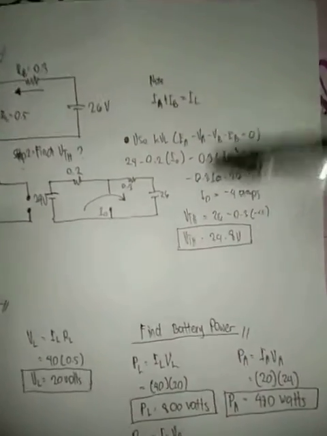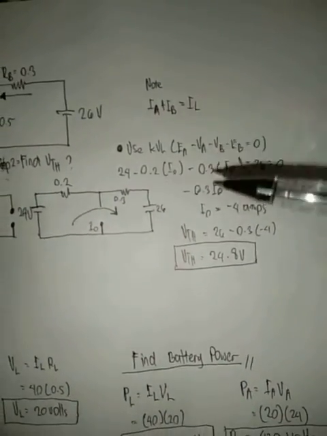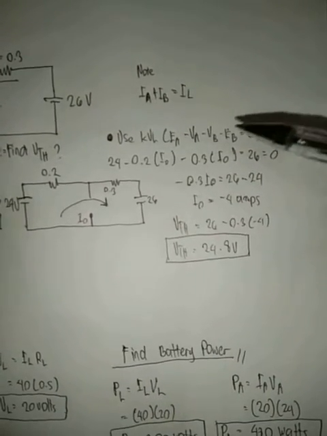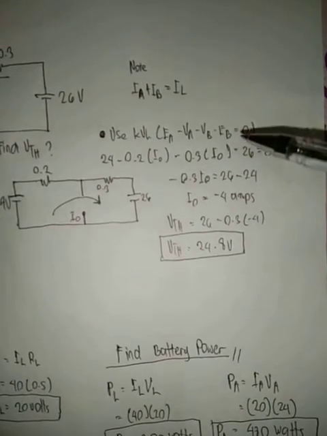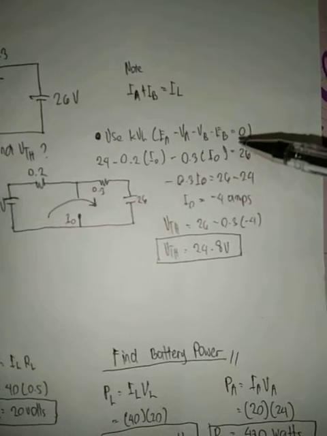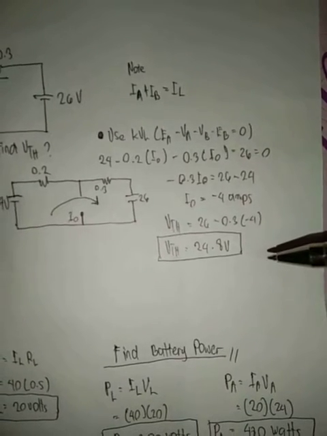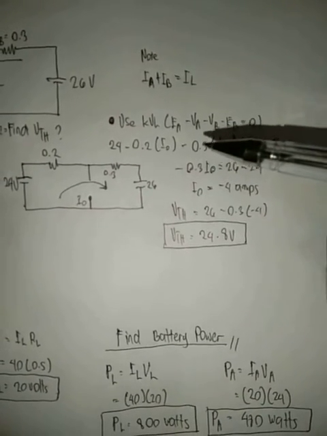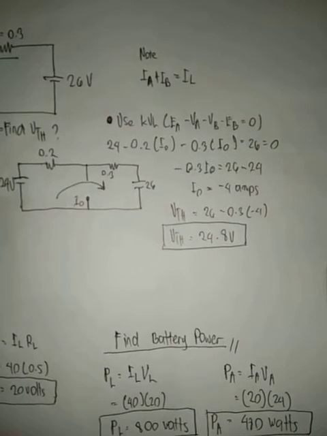Step 2, use the KVL formula. EA minus VA minus VB minus EB equals 0.